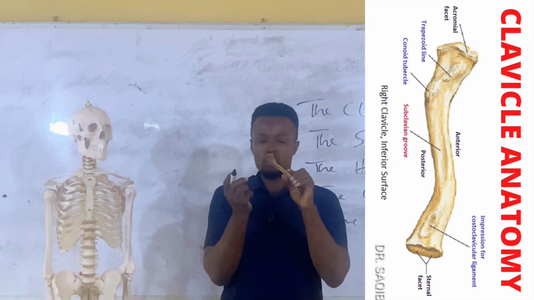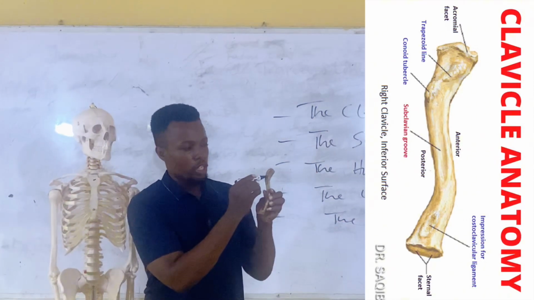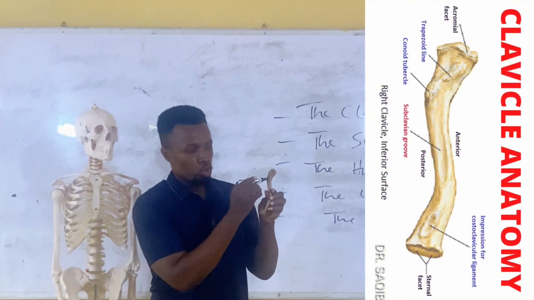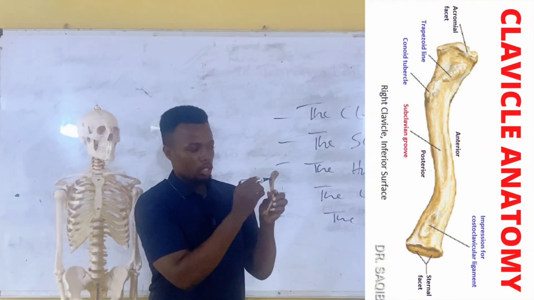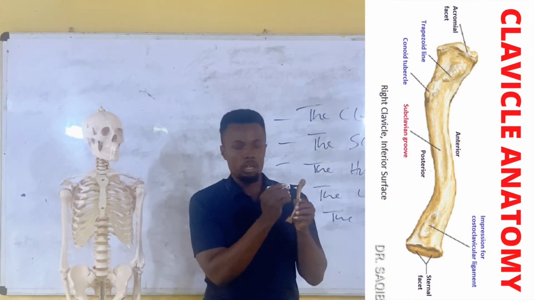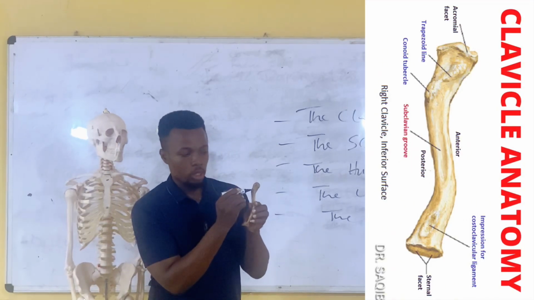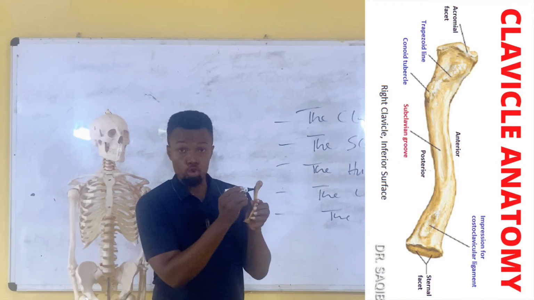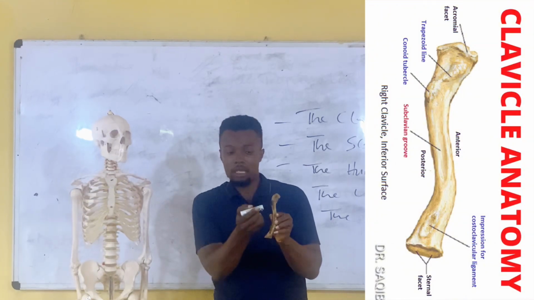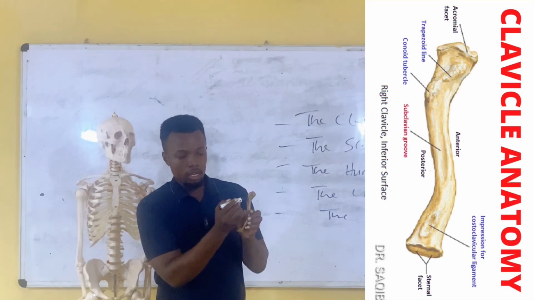If you turn the clavicle posteriorly, there is a protrusion here, which I'm circling. This is known as the conoid process of the clavicle. You can see this protrusion towards the acromial side, towards the lateral part, is the conoid process of the clavicle.